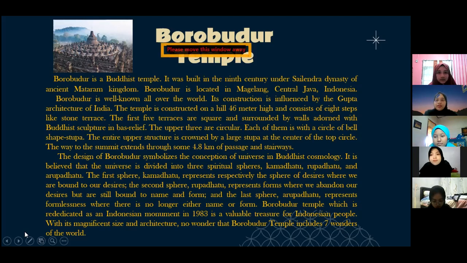Borobudur Temple. So Fikria, what can you see from the picture? I can see the picture of Borobudur Temple, many temples. Okay. So who wants to be the volunteer to read the first paragraph? Me, Miss. Okay, go ahead, Sofa.